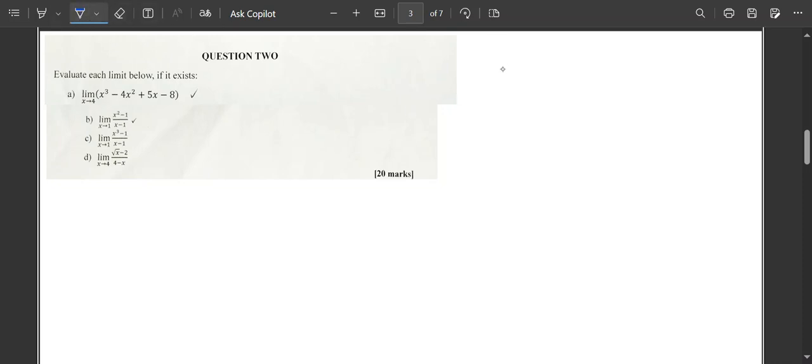So now for B, we have lim as x approaches 1 of x squared minus 1 over x minus 1. This is a difference of two squares, right? It can be written as x squared minus 1 squared, over x minus 1. The next stage is to apply this identity: x minus 1 times x plus 1, over x minus 1. Before substituting, we can see that this and this can cancel.